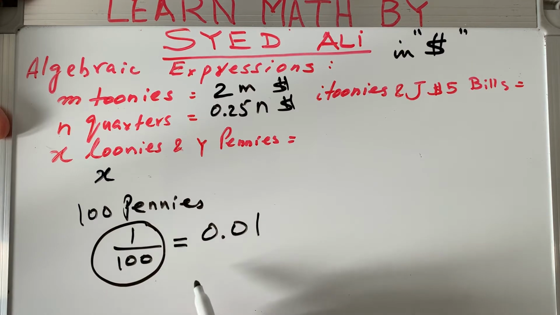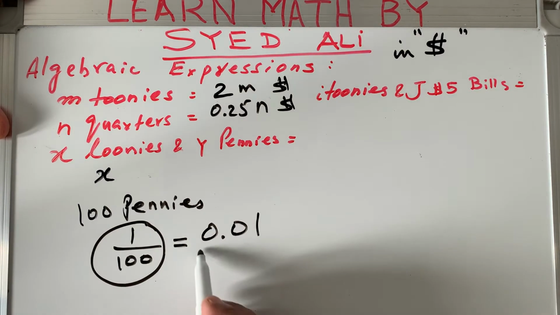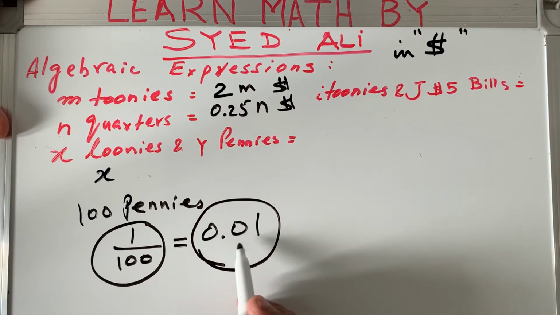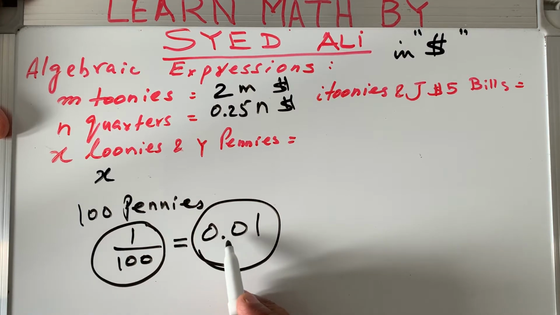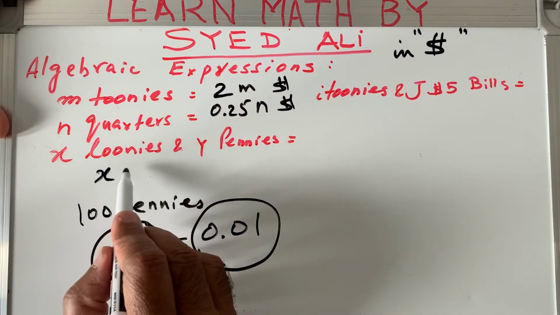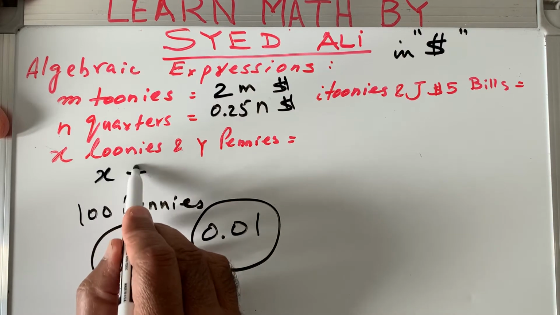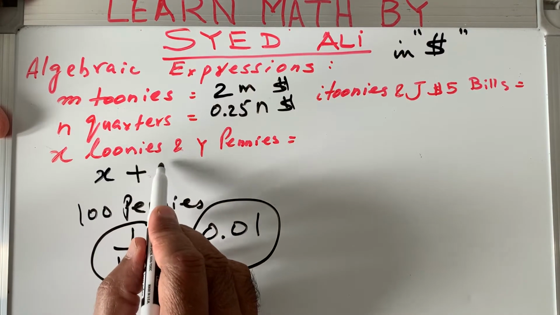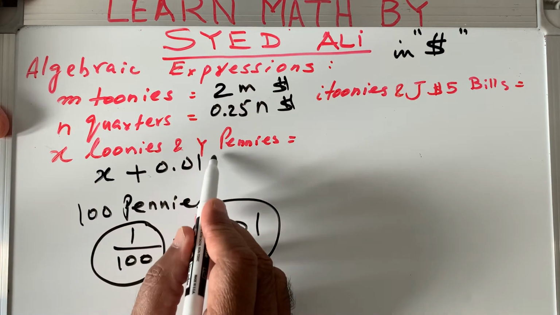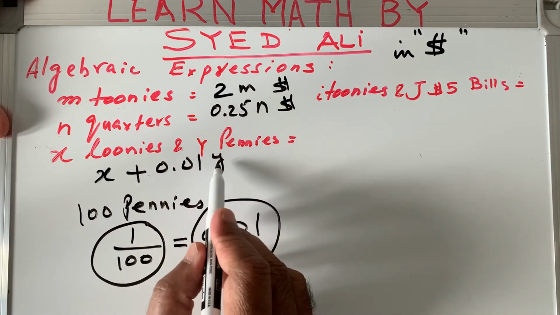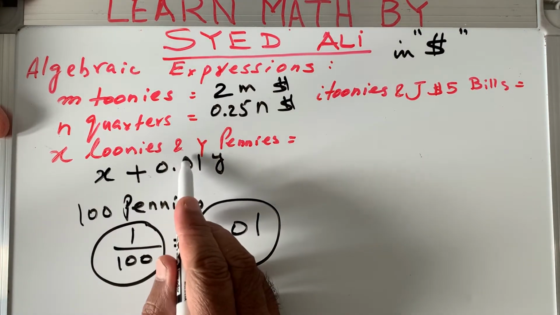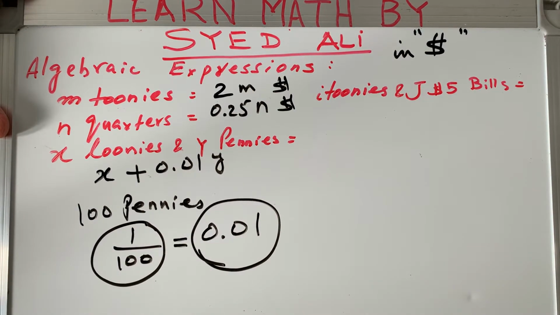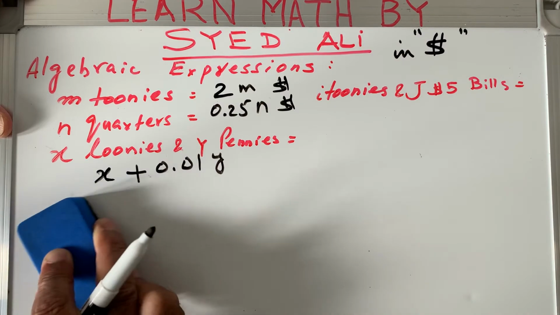A 100th part of the dollar is a penny, and a penny can be expressed in decimal form as 0.01. So that means I have X loonies plus Y pennies. So pennies is 0.01 times Y. No matter how many pennies I have, I multiply that with it. So if I know the relationship, I can make the algebraic expression.